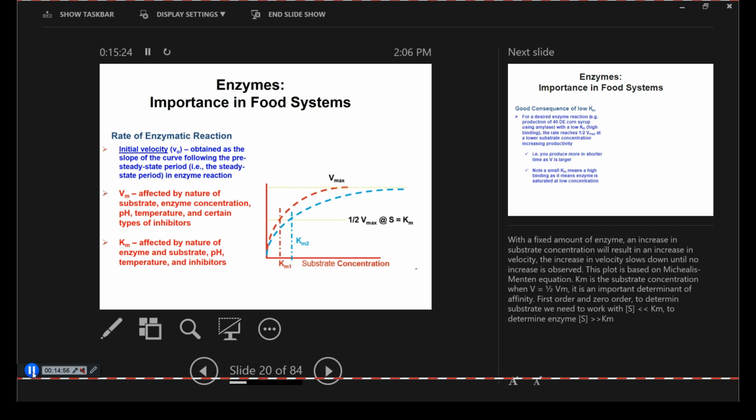Take a moment to look at this curve and tell me which substrate the enzyme has higher affinity to, the red substrate or the blue substrate, by just looking at Km and analyzing the curve. Where do you have higher affinity, with substrate red or substrate blue?